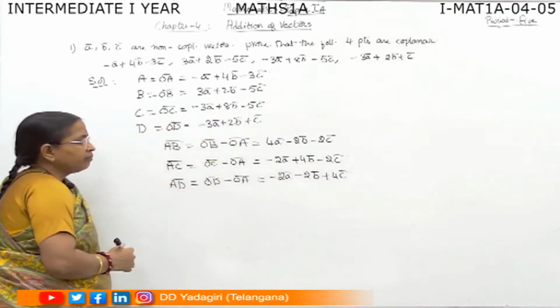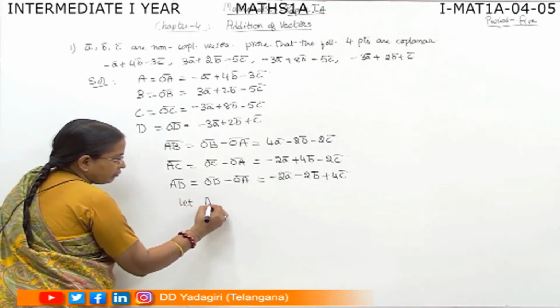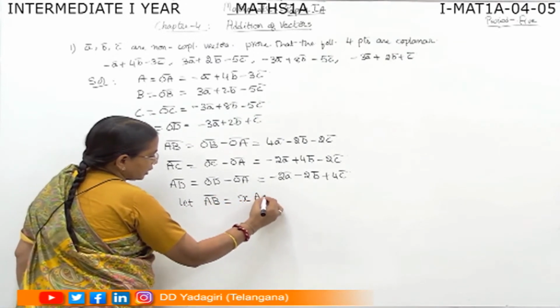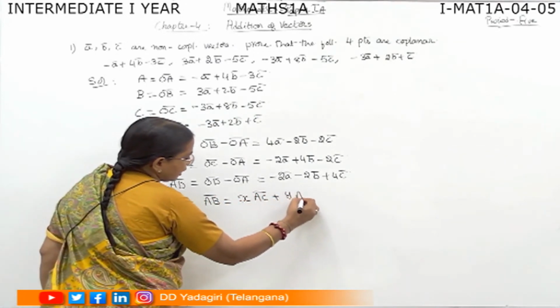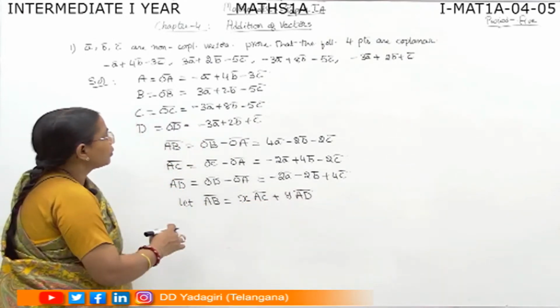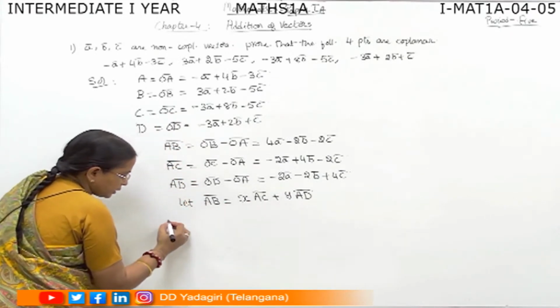Like this we get. Now what you do is, you will assume that one vector is a linear combination of the other two, x AC plus y AD. This is the procedure to prove that the 4 points are coplanar. First convert them to vectors and then take this condition.